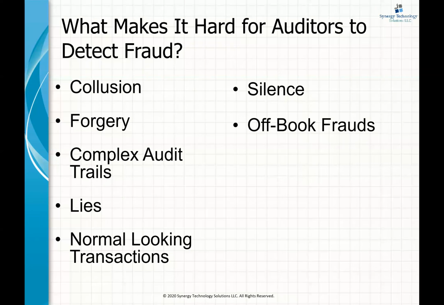Off the book fraud is where, in all matters, the transaction looks legit, but the other side of the transaction is to a company that you don't have access to. So you really can't see the transaction on the other side, the other company. That's usually the vehicle used by Enron, WorldCom, Tyco to record their losses. Off the book fraud is difficult to trace because those entities are not consolidated.